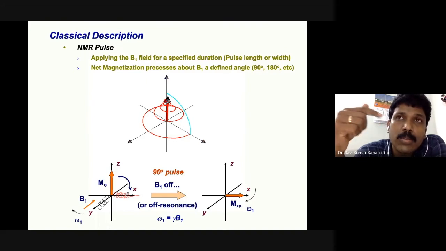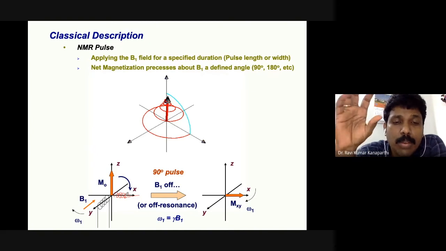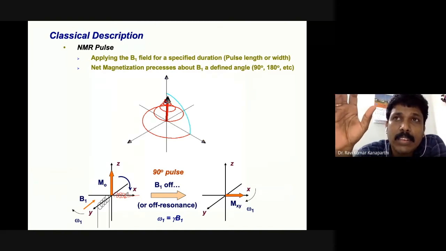So what is done ultimately is that you have the net magnetization vector along the external magnetic field, and by applying a circularly polarized radio frequency, we make it precess in the xy plane for a short duration by applying a 90-degree pulse, and then this pulse is stopped afterwards.